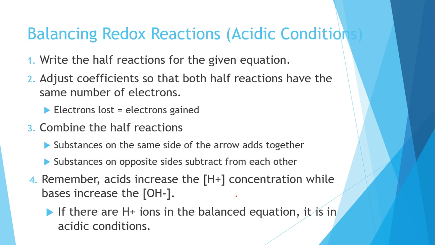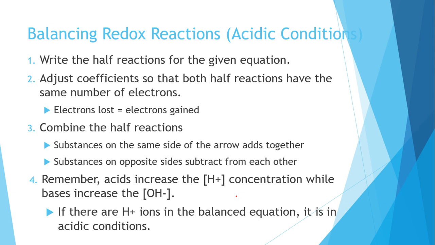Once we have them both have the same number of electrons, we're going to combine these half reactions. That means substances on the same side of the arrow are going to add together to be in my final equation, and things on opposite sides are going to subtract and potentially cancel one another, then going in the final equation.